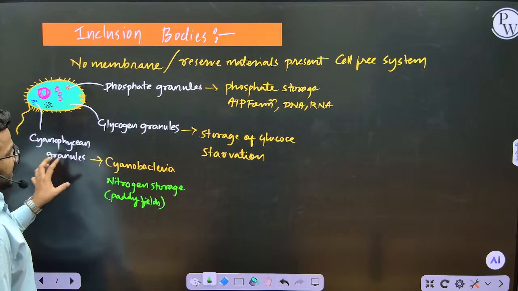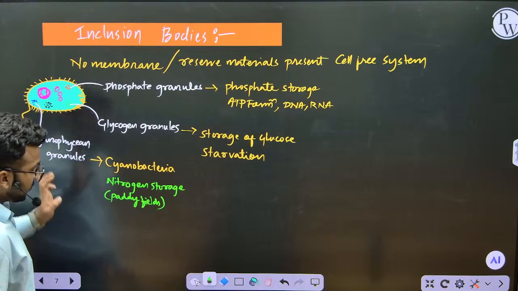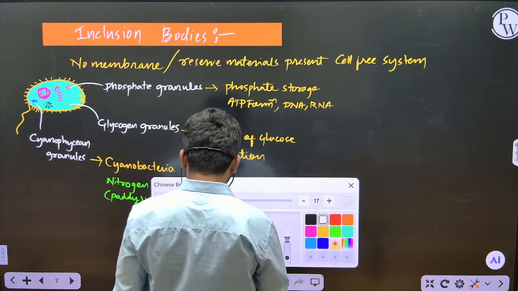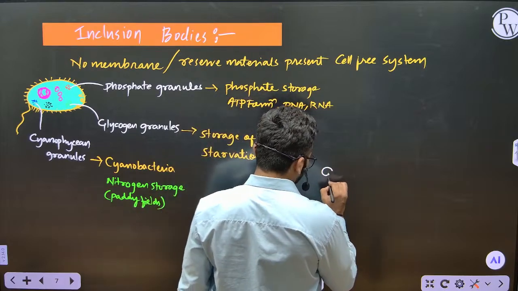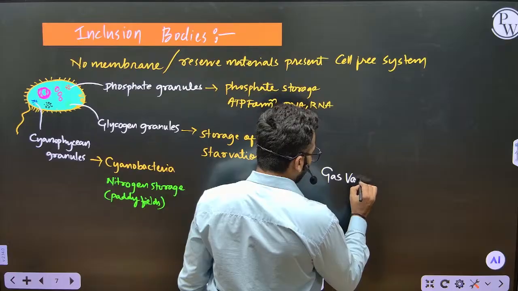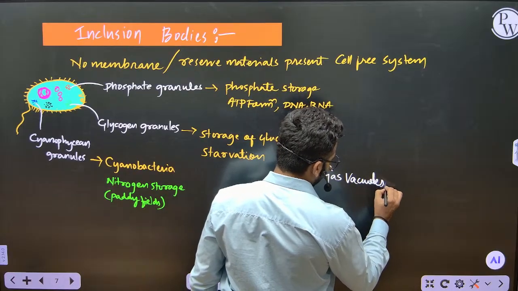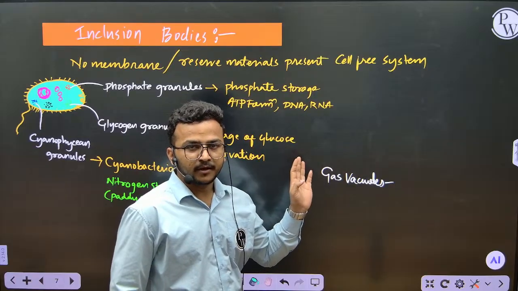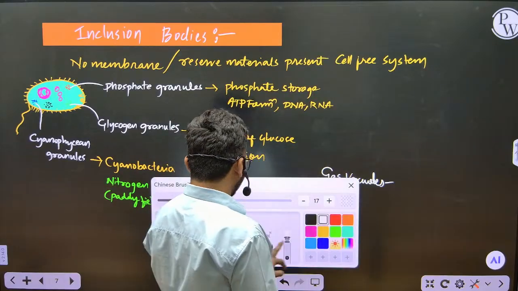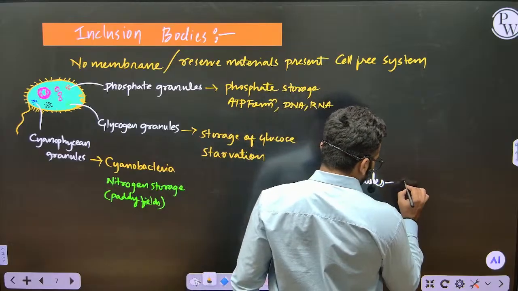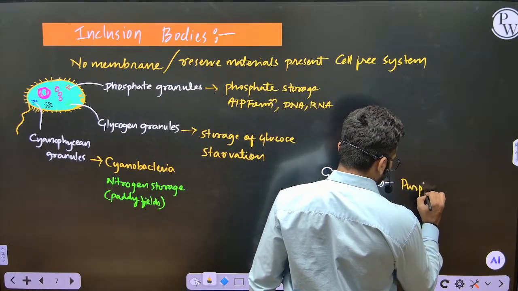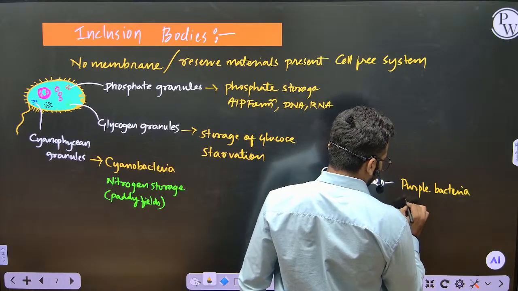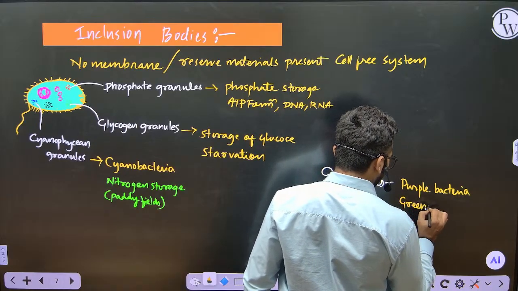So that is about the inclusion bodies, and one more is left, that is gas vacuoles. These gas vacuoles also don't have any membrane. We will see these gas vacuoles in purple bacteria and green sulfur bacteria.